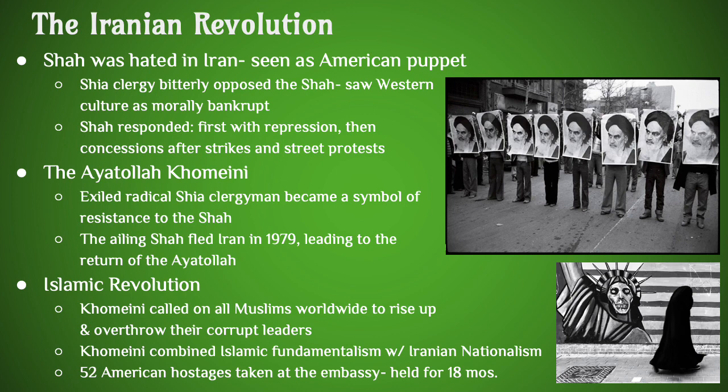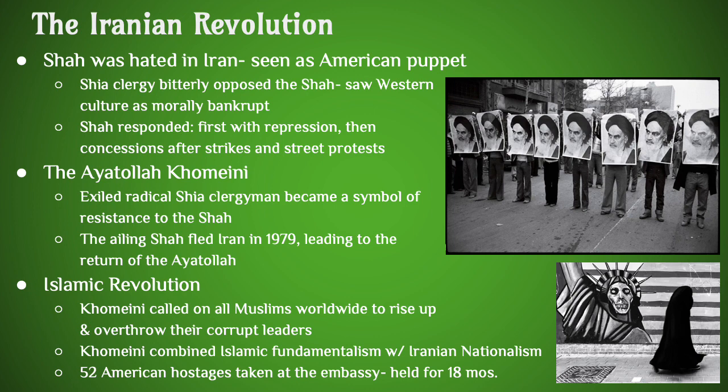There was this really revered figure named the Ayatollah Khomeini. Ayatollah is a title, and he's this exiled Shia clergyman, and he kind of became the symbol of resistance to the Shah. You can see the Ayatollah; all those dudes are holding up pictures of the Ayatollah.